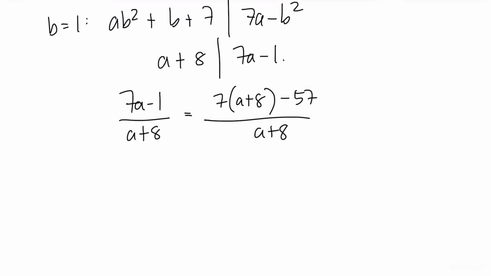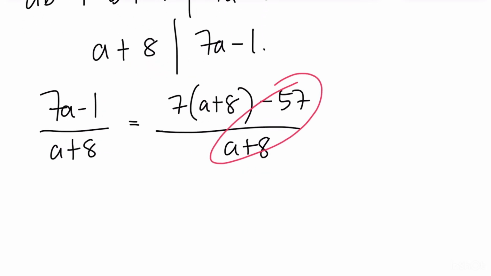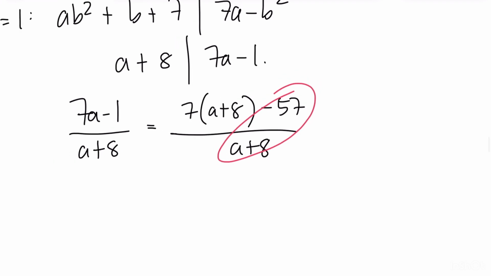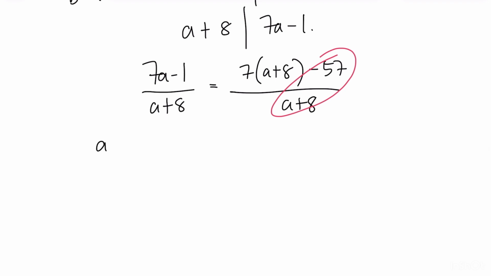I'm doing this because I'm trying to simplify to only one term, because this is obviously divisible, but also which means that this 57 is also divisible by a plus 8. So a plus 8 must divide 57.